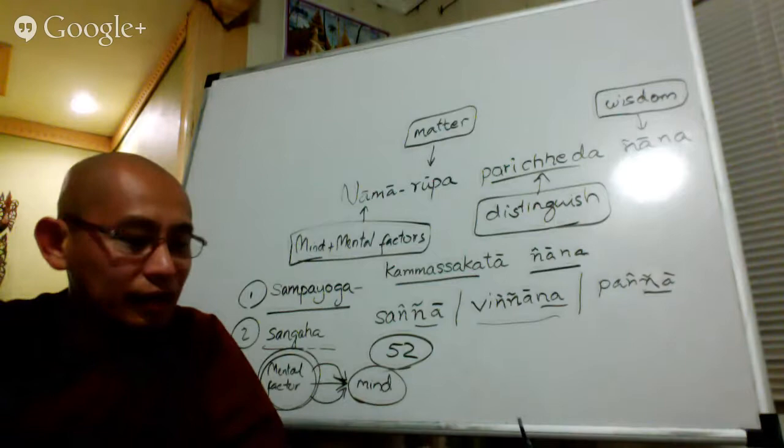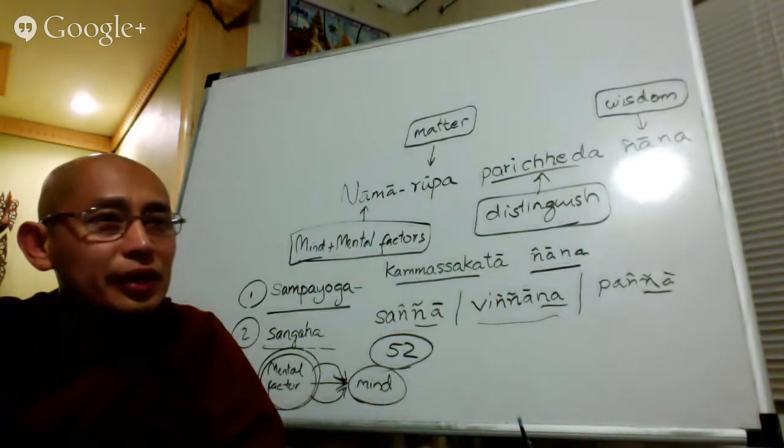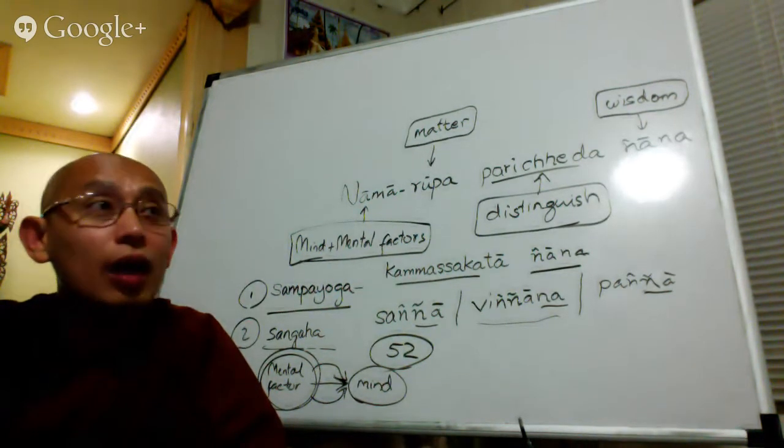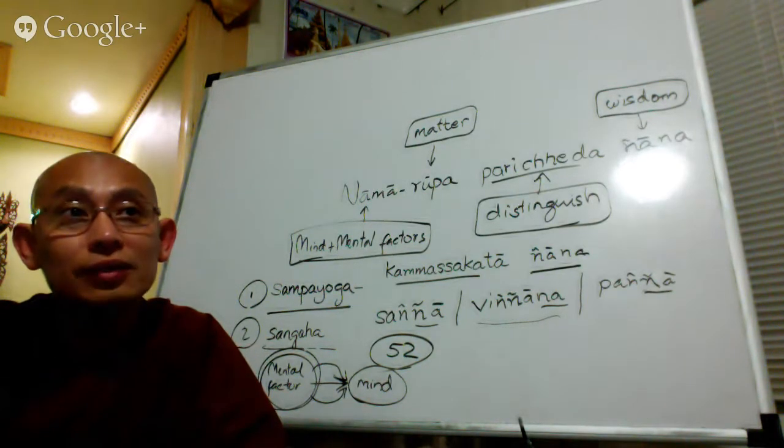PT, piti, joy. What kind of feeling do we need? How many kinds of feeling are there?